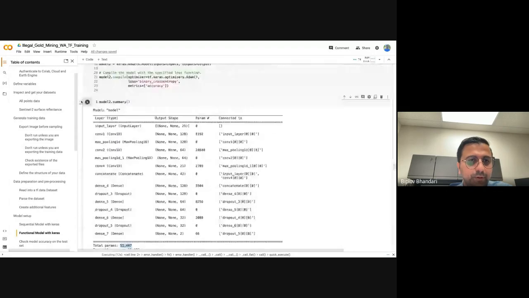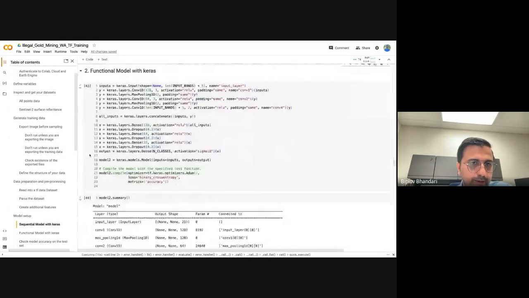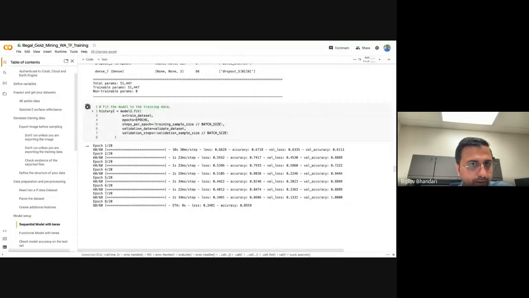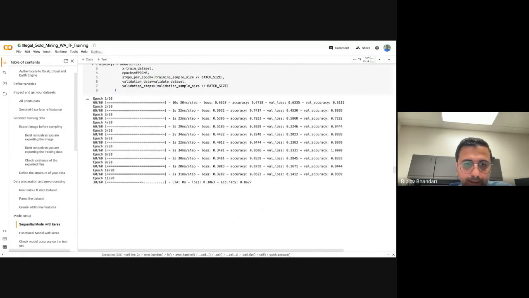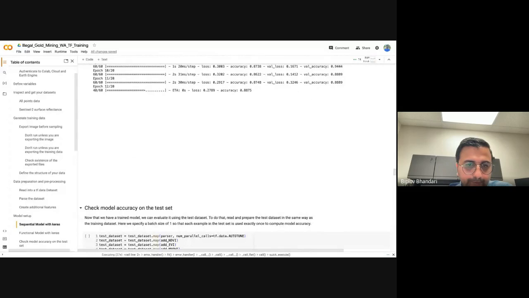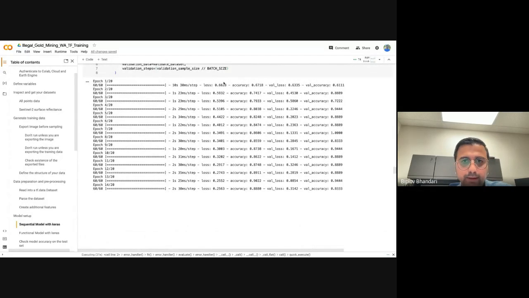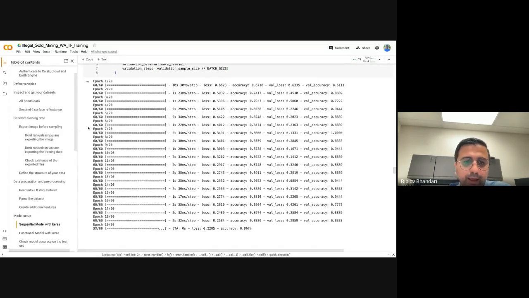It has 51,000 parameters, and the previous one has 13,000 parameters. You might think that the more parameters you have, the better the model is, and that's not always the case. We'll actually see that hopefully here. Again, keeping an eye on loss decreasing and accuracy increasing. Similar is the case with our validation loss and validation accuracy.